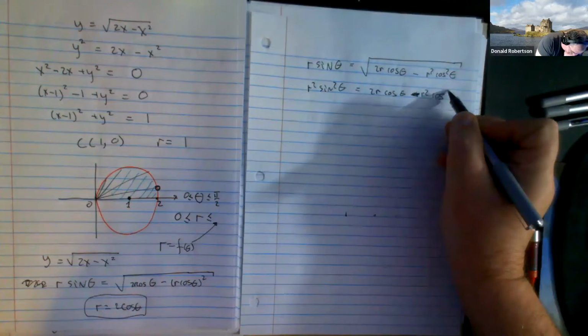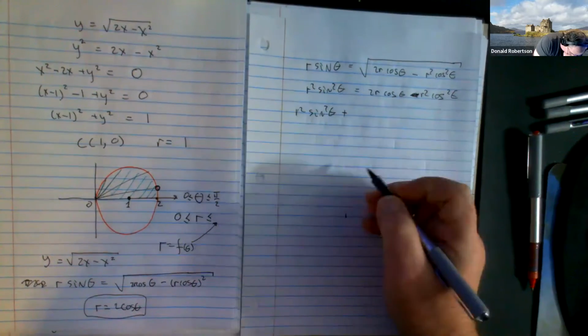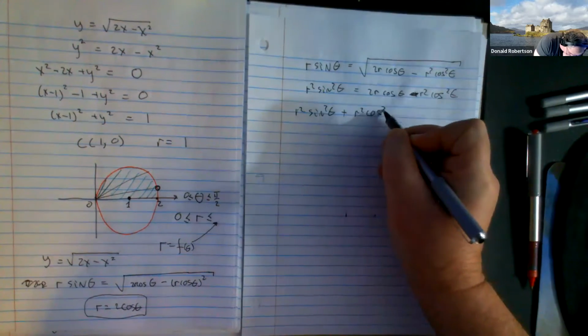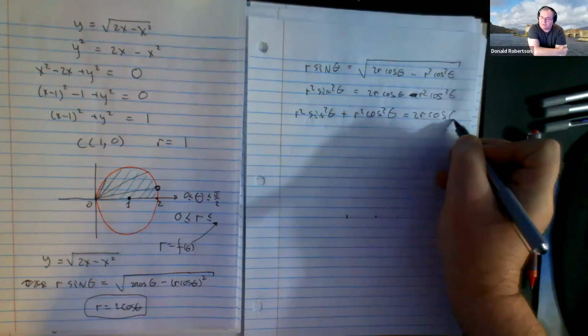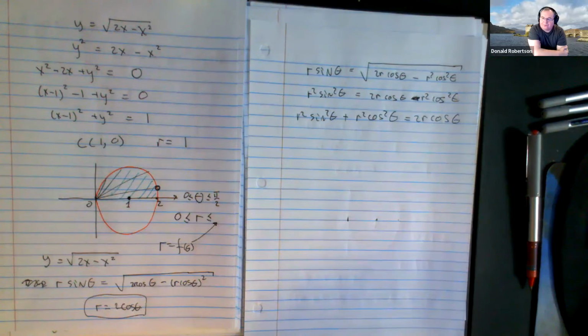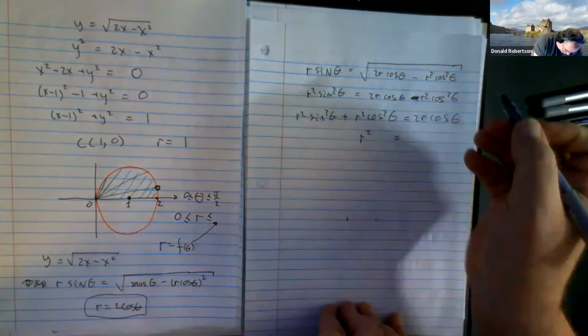And can I add that to both sides? You still with me? Can you see what's going to happen next? What's happening here? What does that become? The left side becomes r squared, it's a trig identity. Right, and r squared times 1, you get that.